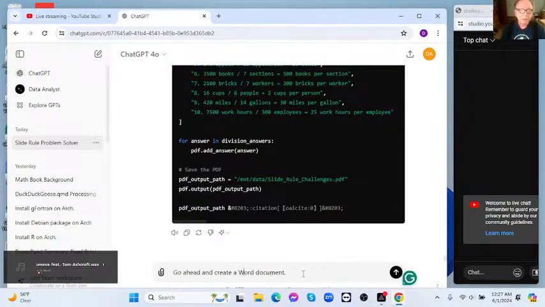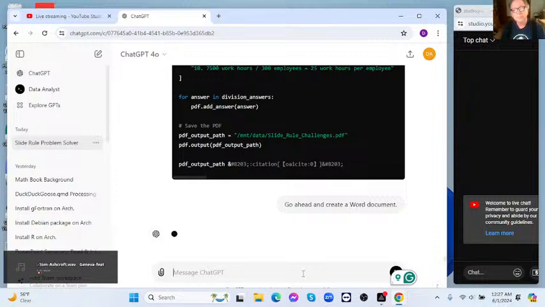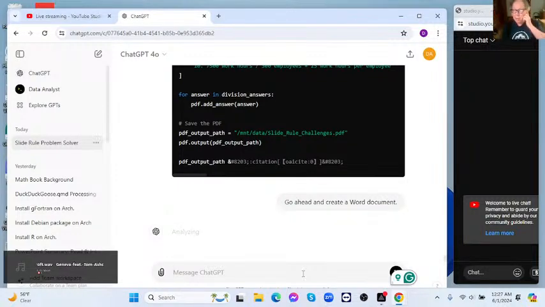Let's try this instead. I may wind up just copying and pasting it into a Word doc or something like that. See, it's not particularly good at creating finished documents like this.